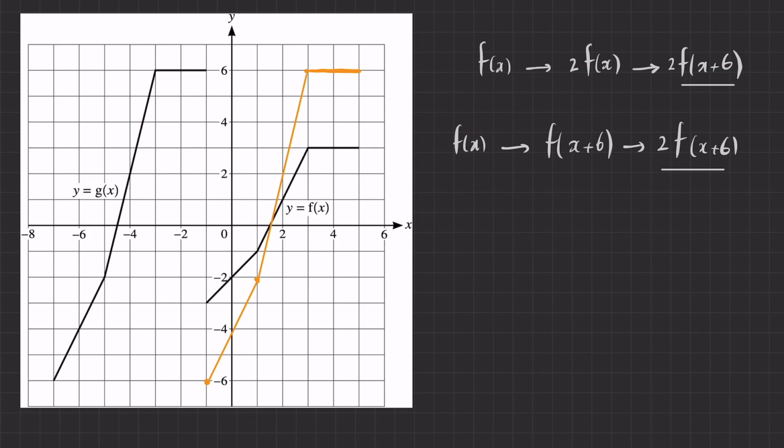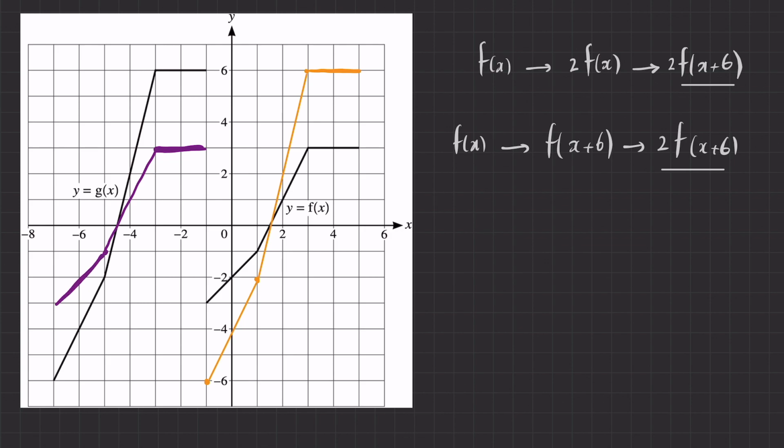In the picture, you see that you could in principle shift 6 units to the left first. If you want, I can also draw that. So this line will be shifted 6 units to the left, so it becomes this. And then you go here, and then you go here.